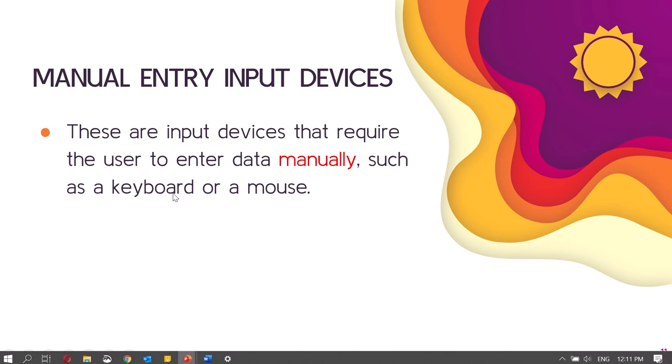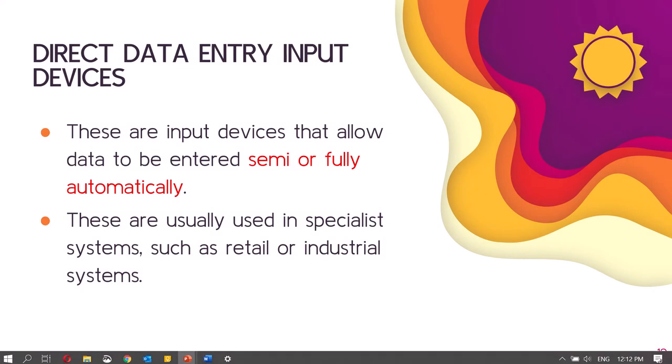In a keyboard, you as a user are typing the keys manually and making the data enter the computer manually. In that case, what's a direct data entry input device? These are input devices where the data is entered semi-automatically or fully automatically into the computer. You can see this in use in retail shops, industrial systems, and so on.